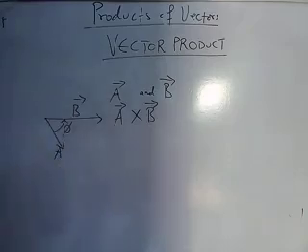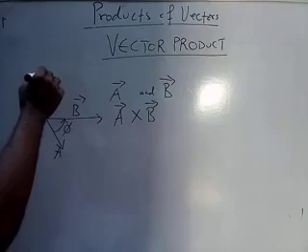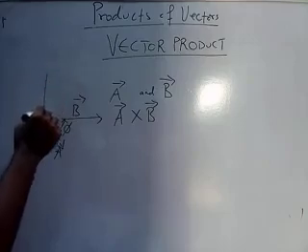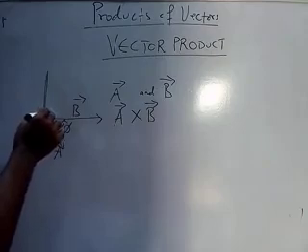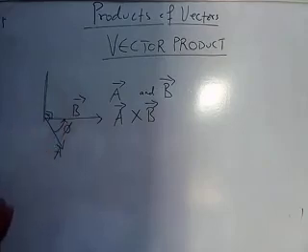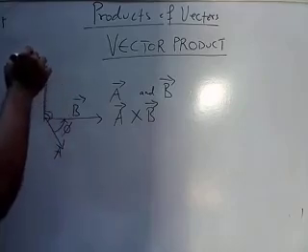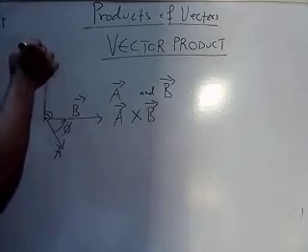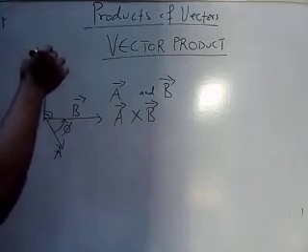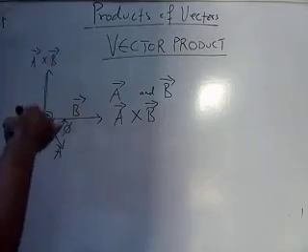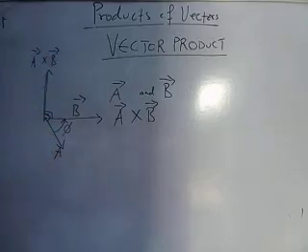Now the vector product will go this way, perpendicular to this, also perpendicular to this. This is the vector product, the cross product of A and B.